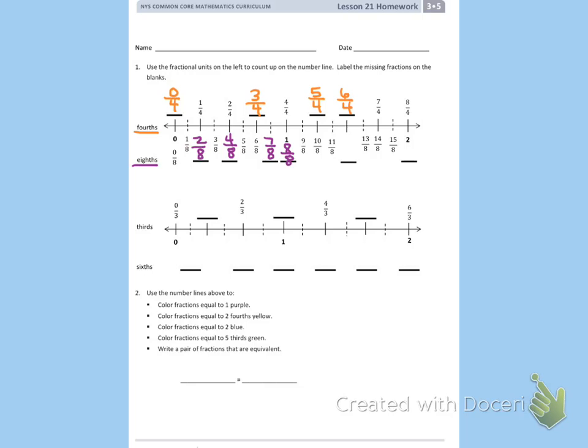Then there's 9/8, 10/8, 11/8, 12/8, 13/8, 14/8, 15/8, and 2 wholes is the same as 16/8.